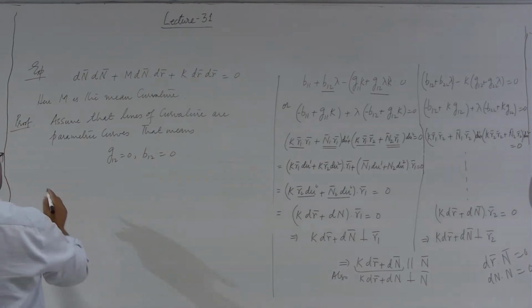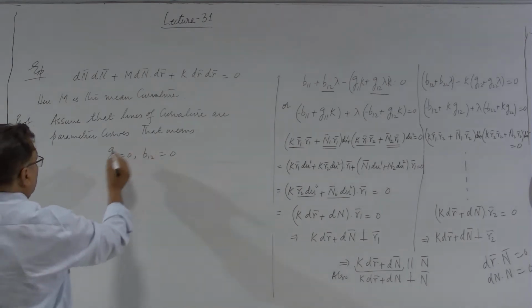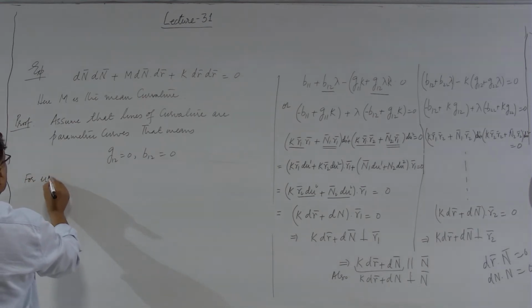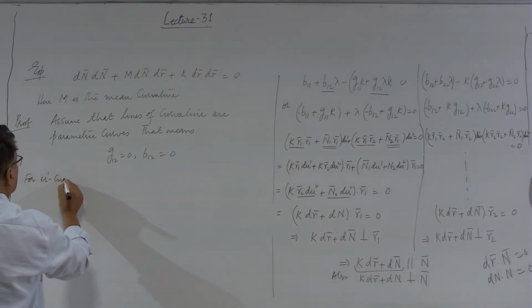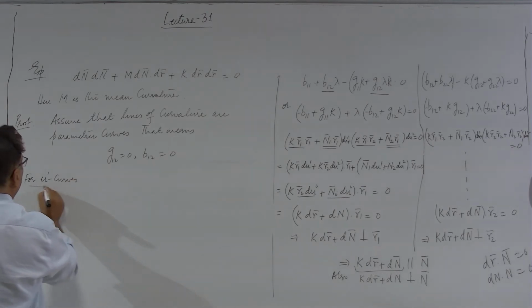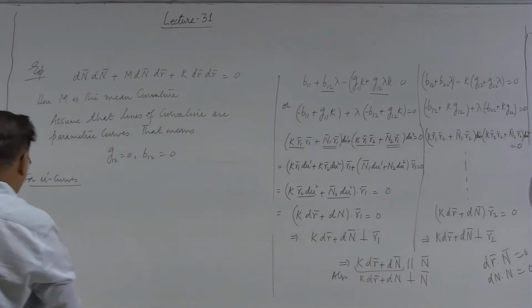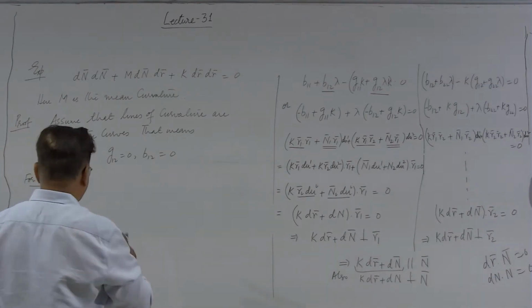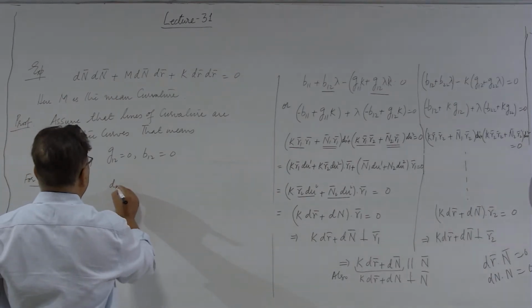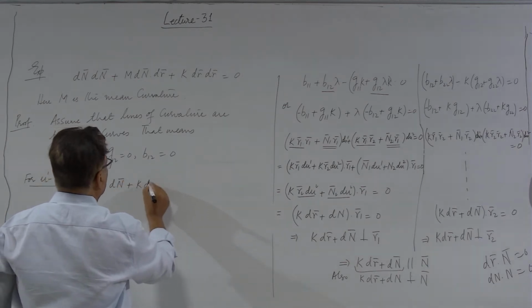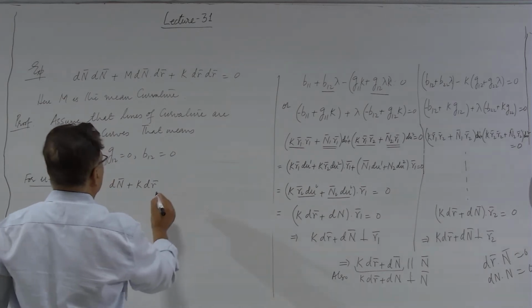So, since these curves are parametric curves, for u 1 curves what will happen? du 2 will be 0. So, dn plus k dr will become what?